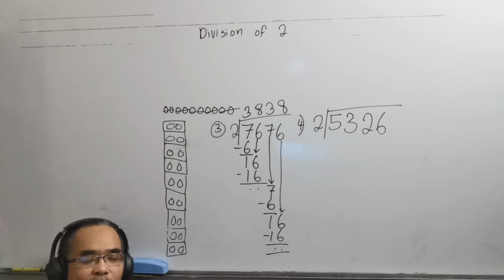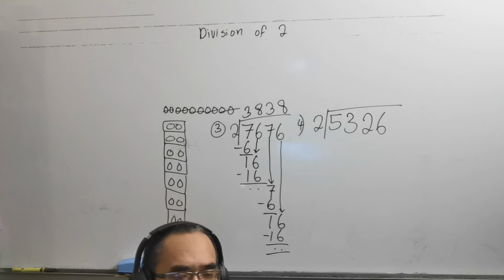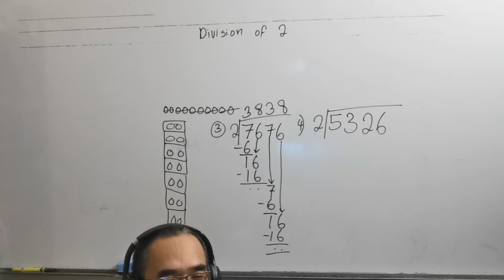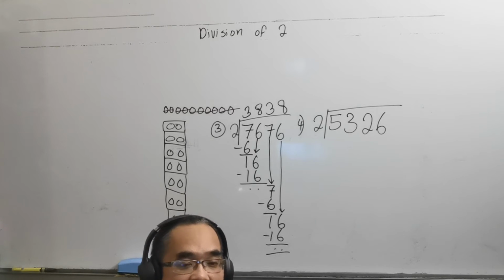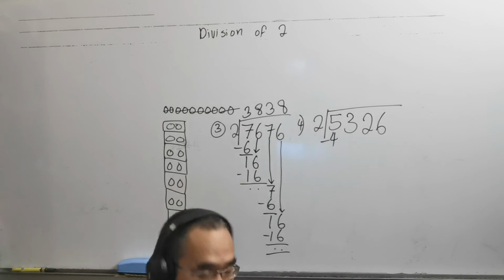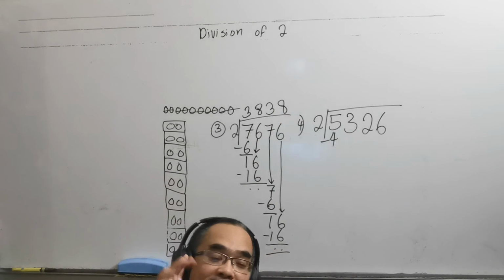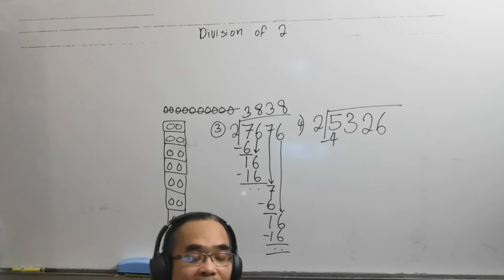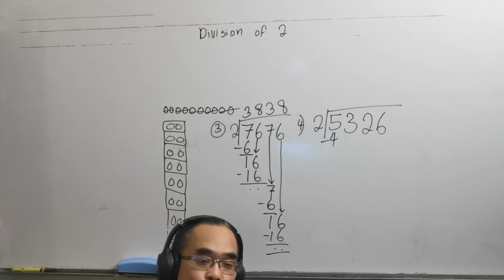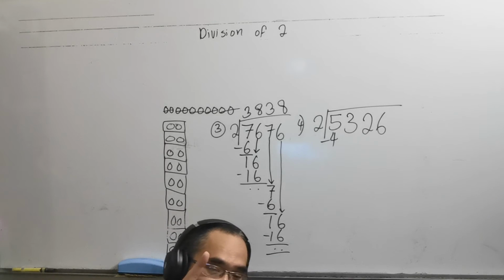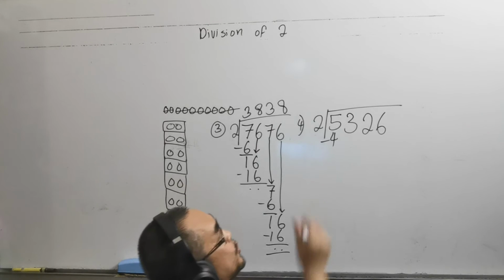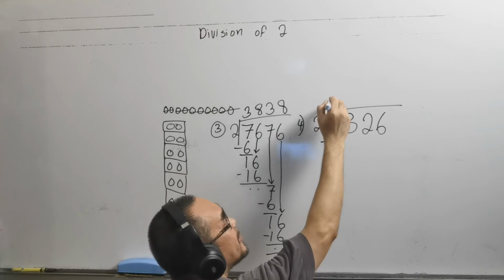Is there 5 in multiplication of 2? What is the nearest number but less than 5? 4. Where do you write 4? No. Under 5. Up here is how many fingers that you are using to count until 4? 2, 4. How many fingers? 2. No. 2 is on top here.